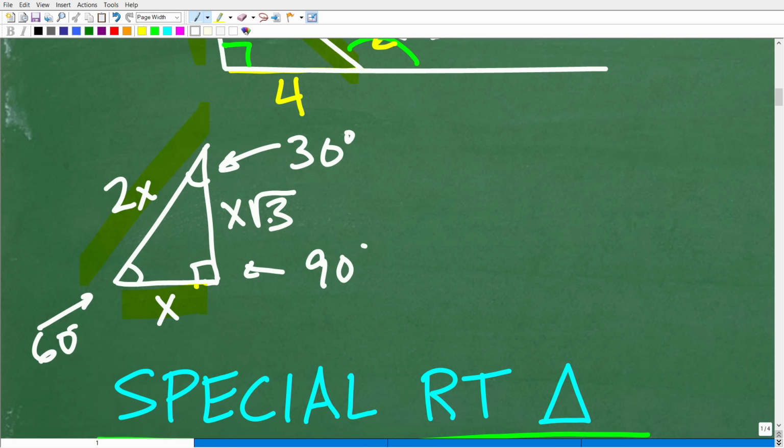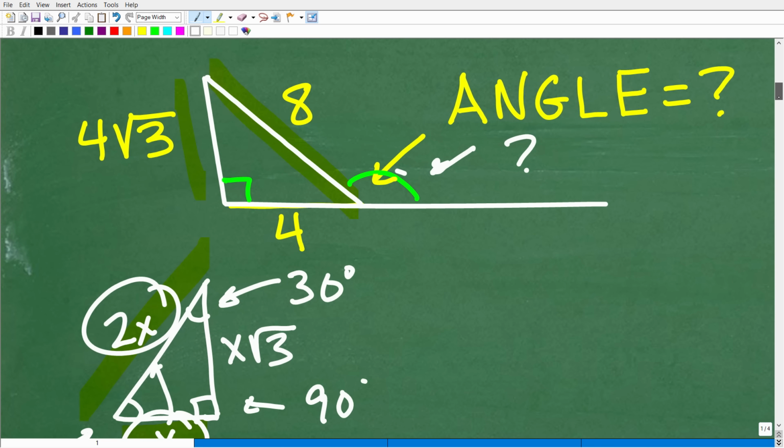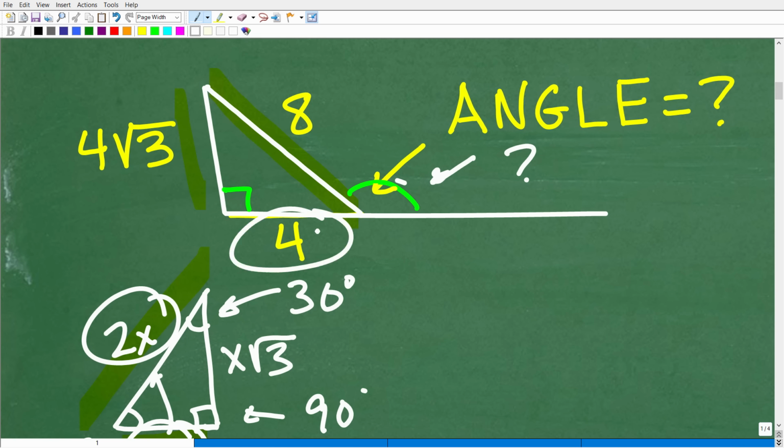So this is the property of a 30, 60, 90 special right triangle, and I'm not going to go through and prove this again like I just did with the 45, 45, 90, but this is something you absolutely need to know. What we're looking at here is the short side, and the hypotenuse is double the short side. So let's go back to our figure here, and look at this, I got 4 here.